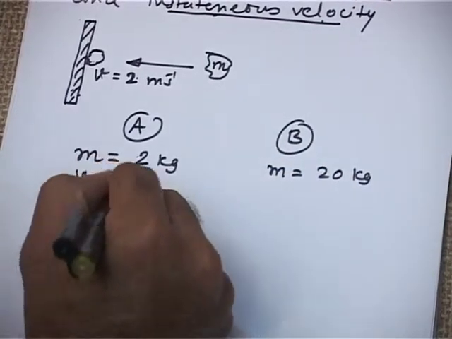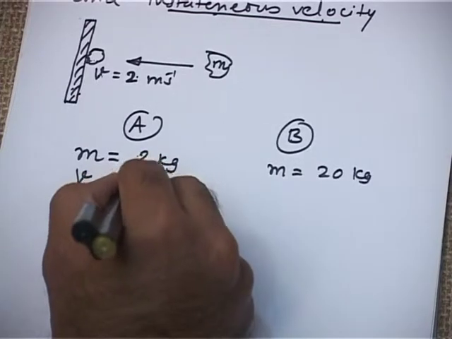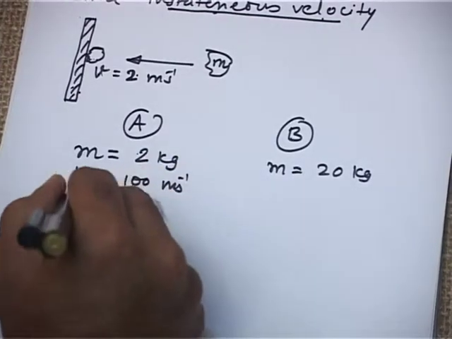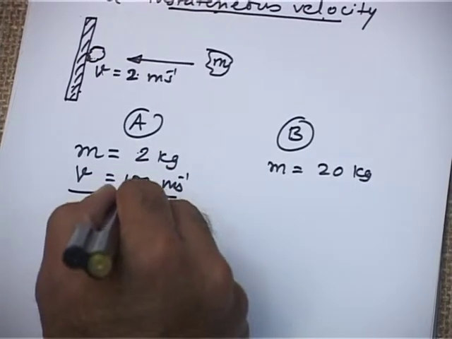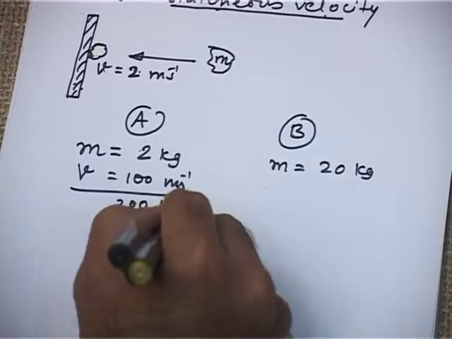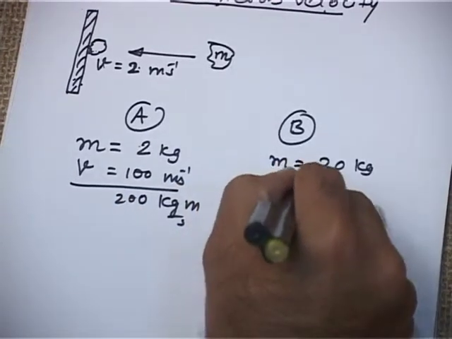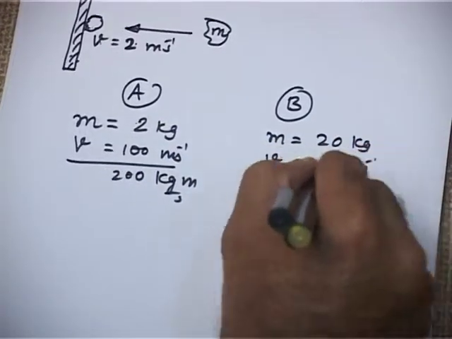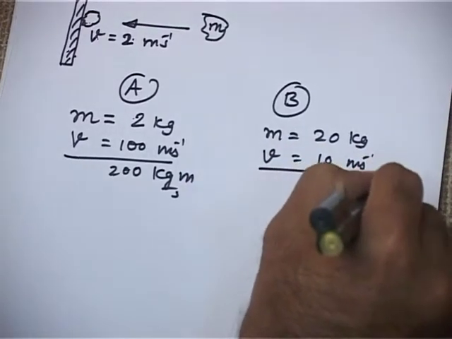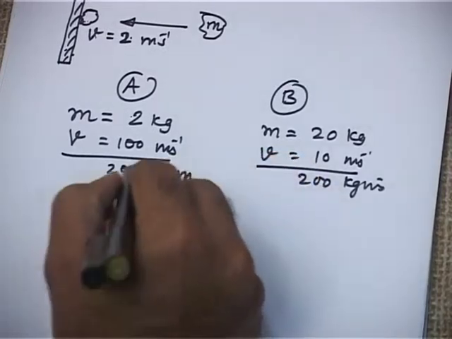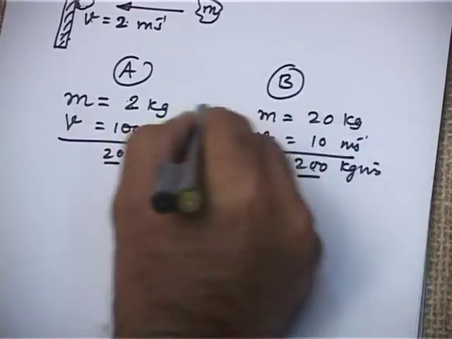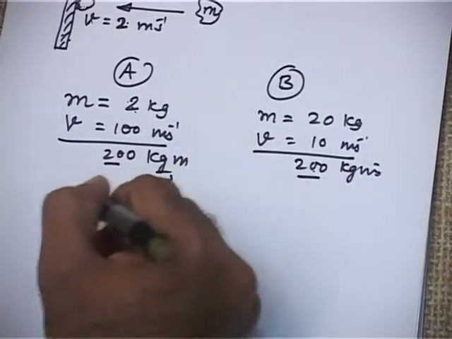If this has an instantaneous velocity of say 100 meters per second, that means it's moving pretty fast, it will have a momentum of 200 kg meters per second. Whereas this body, if it has a velocity of 10 meters per second, it will have a momentum of 200 kg meters per second. That means two bodies can have the same momentum even though they have different masses and they have different velocities.